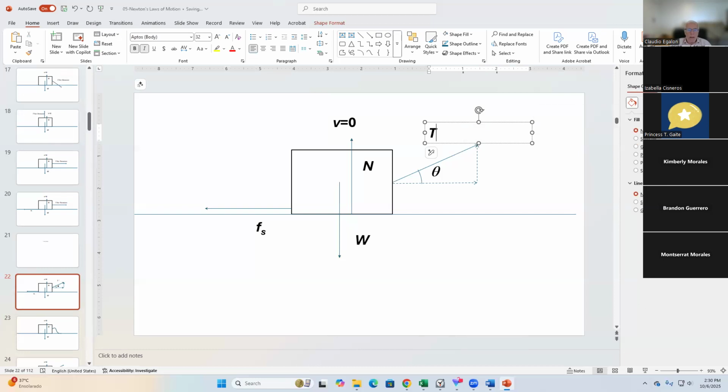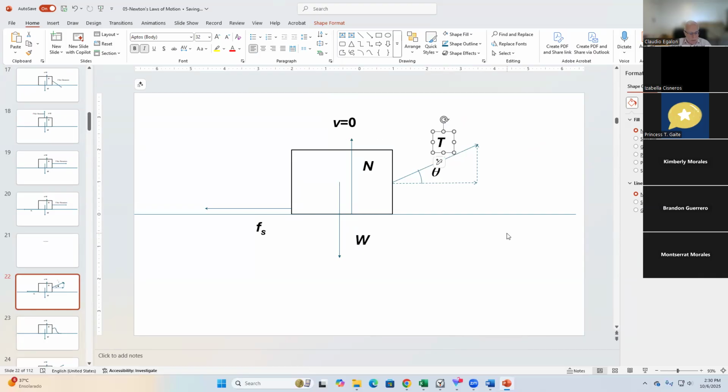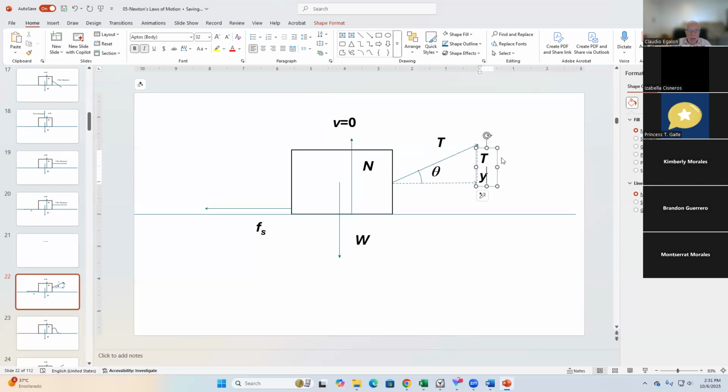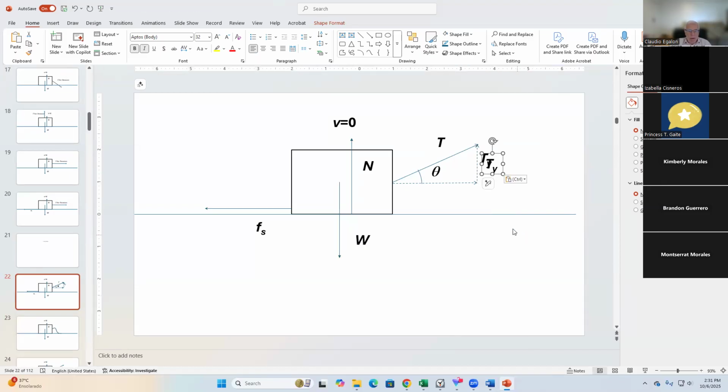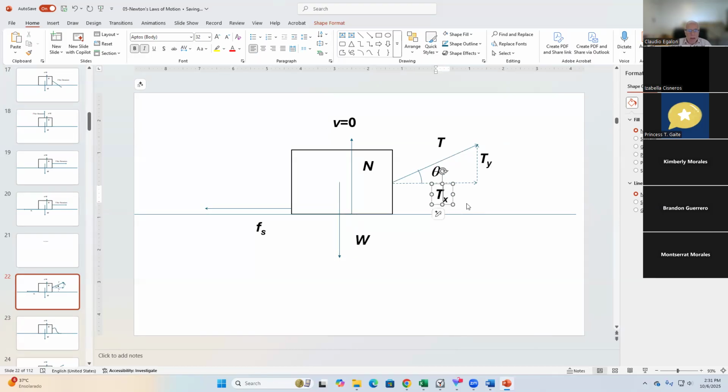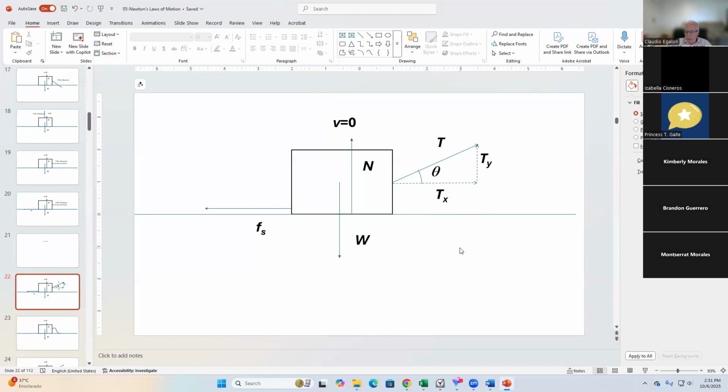Here you go. T. That's the T, the tension force. That's going to be the Y component of the tension, and the other is going to be the X component of the tension, okay?